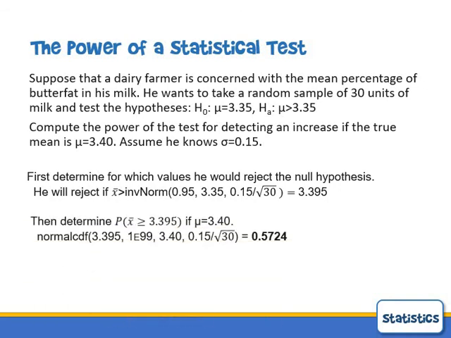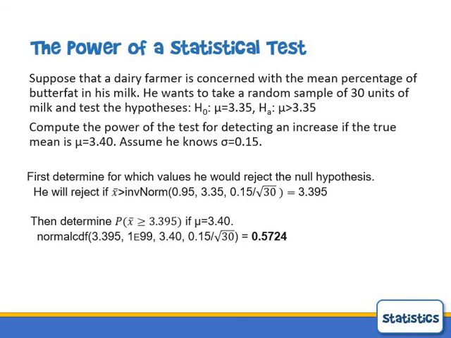Then, to compute the power, we would determine, well, what's the probability that we get a sample mean that is greater than 3.395 if mu is really 3.4? Okay? So if the null is really false and it's 3.4, what's the probability that based on our assumption that it was 3.35 that we would reject the null hypothesis?